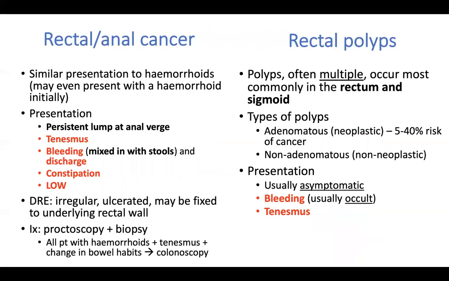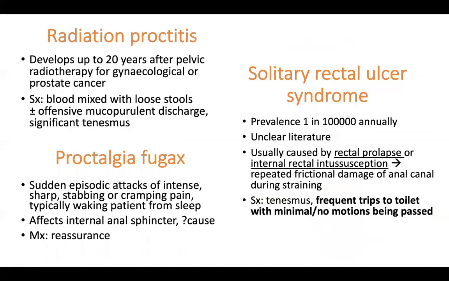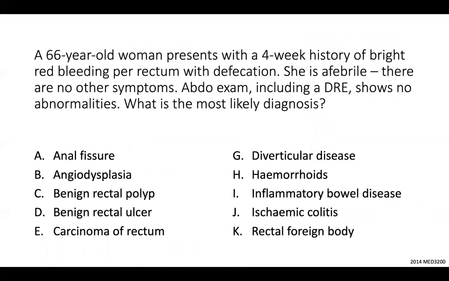The main thing that will tell you it's cancer, at least in questions, is the loss of weight. But obviously these things are very important to know. Rectal polyps, it's really strange, but usually it's asymptomatic. Let's just go through some questions and we'll talk about it a bit more in detail. This is just other options, but it's never been an answer, I think.